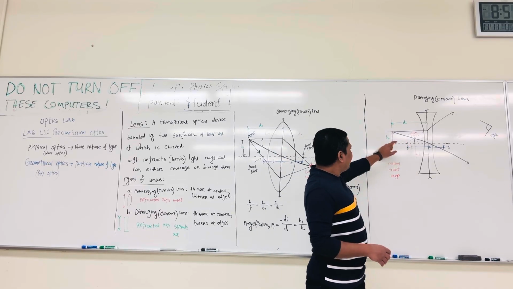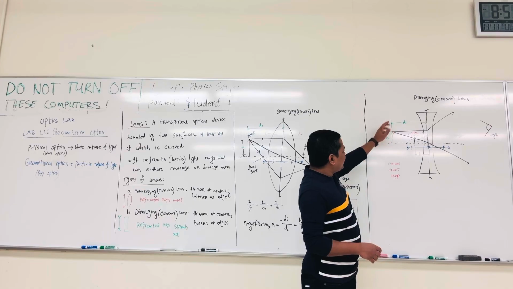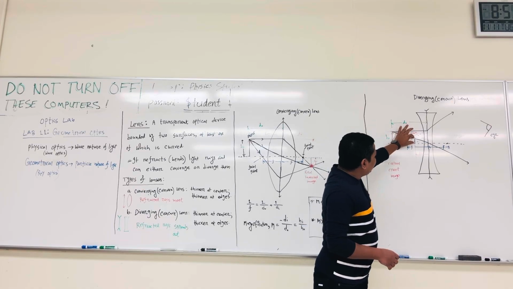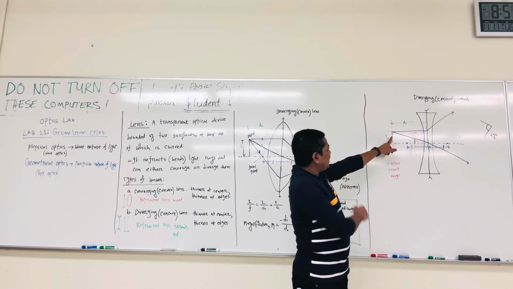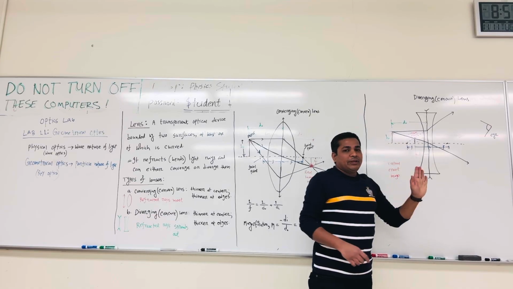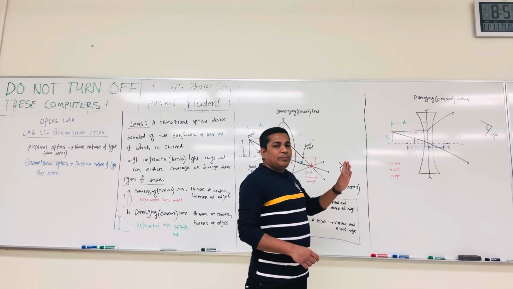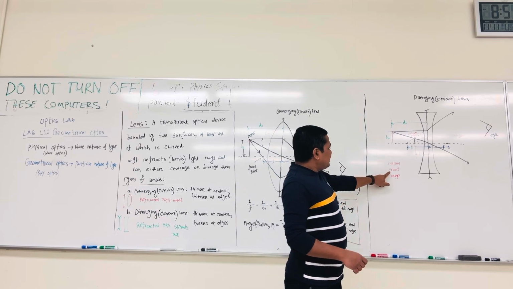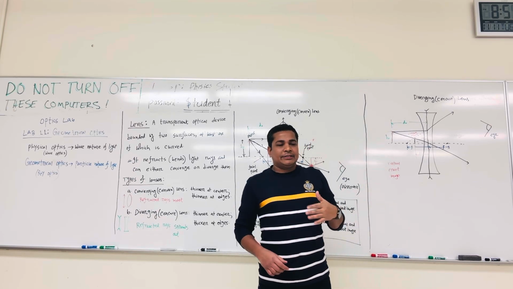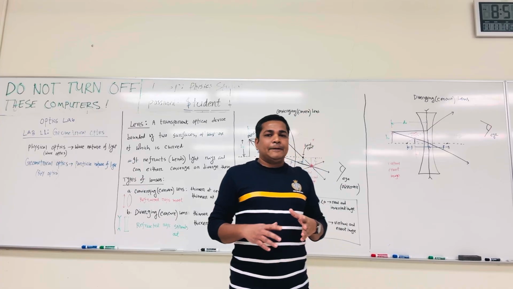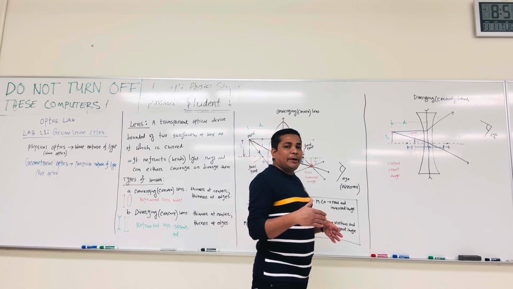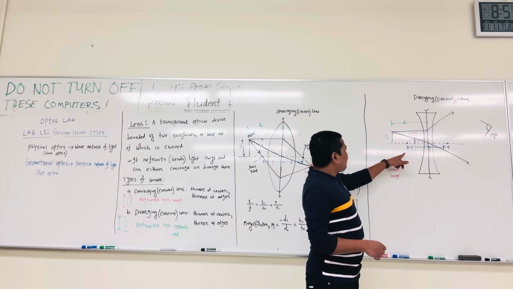And in this case, the object is in the upward direction and also the image is in the upward direction. You can see this arrow in the same direction, the object and the image are both upward. So that's why this image is called an erect image. Erect means in the upward direction, the image is in the same direction as the object.